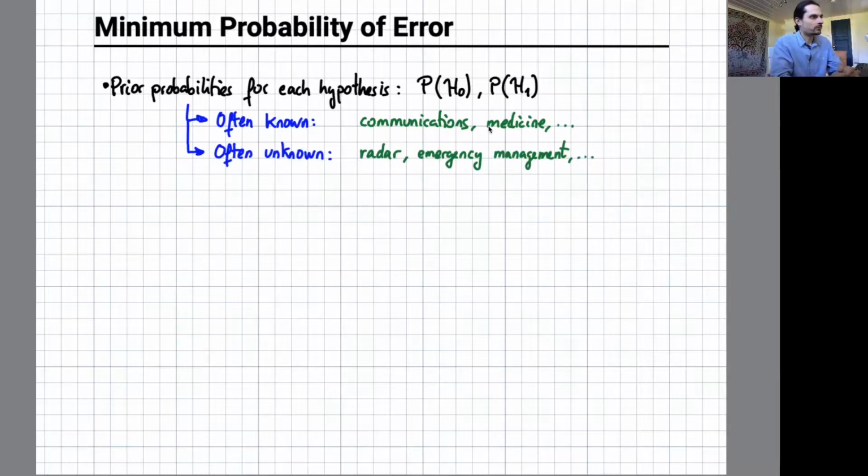However, the notion of a probability on a hypothesis doesn't really make sense in other contexts. So, for example, in radar, it wouldn't really make sense to talk about the probability that there is an enemy aircraft over us, right? So, how would you define that probability, right? Or even, for instance, in emergency management, or in general detecting some emergency situation, right?